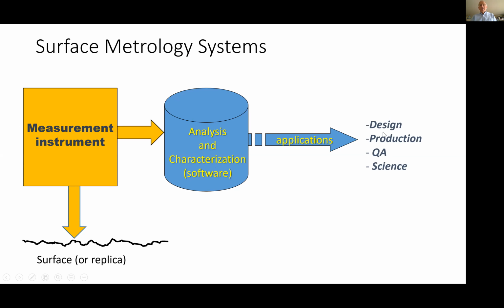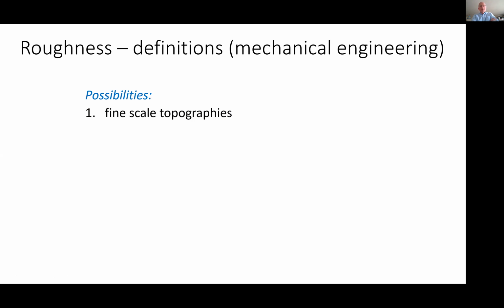Now, roughness is a word that we throw around, and it can mean different things to different people, and it's used in different ways. So let's take a careful look at this. Sometimes, for some people, it's just fine scale topographies. Sometimes this is the deviation from an ideal surface, and that's actually a definition that's used in some of the standards, where the ideal surface is a cylinder or a plane, or a sphere, if we're looking at like a ball bearing.